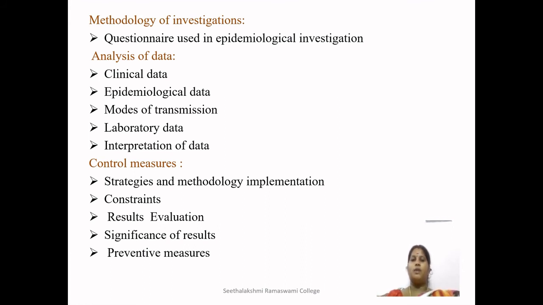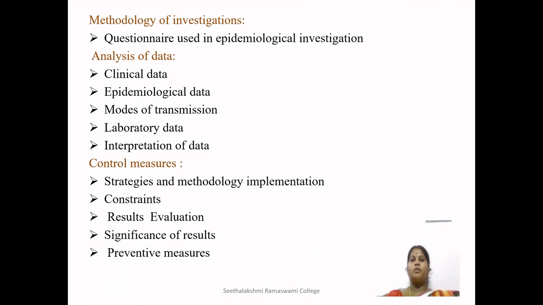Analysis of data includes clinical data on frequency, signs and symptoms of a particular disease, course of the disease, differential diagnosis, and sequelae or death rate. The epidemiological data includes mode of occurrence based on time, place and population groups.